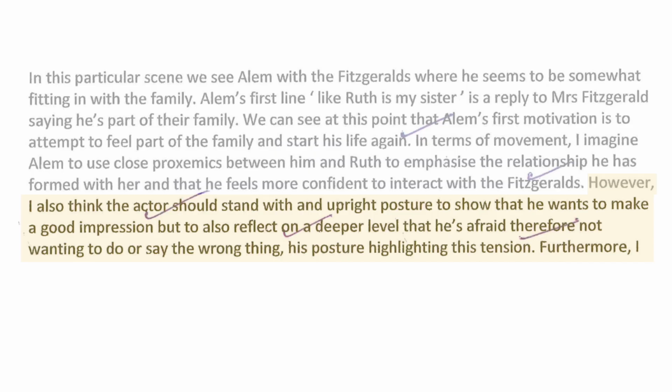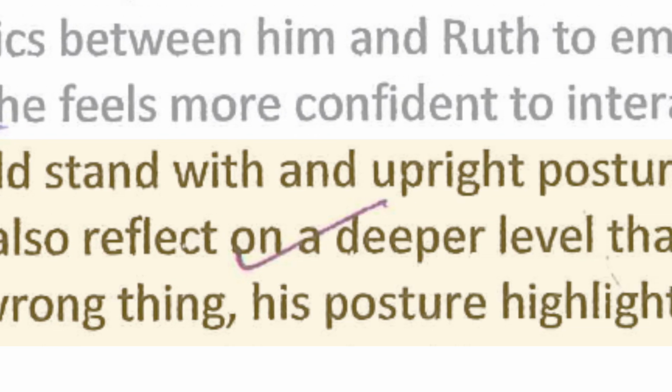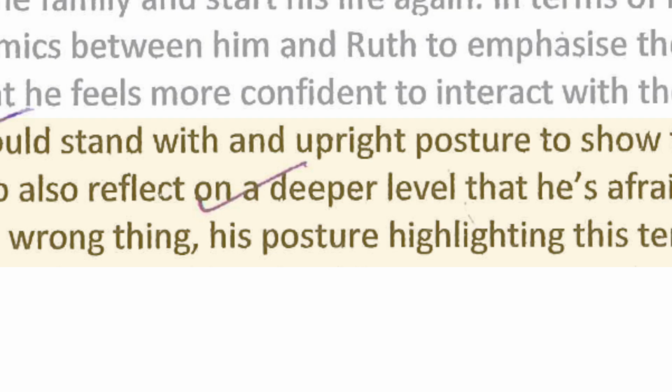"To show that he wants to make a good impression, but also reflect on a deeper level that he's afraid, therefore not wanting to do or say the wrong thing. His posture highlighting the tension." So that's really good. What she's doing is explaining how close she would get if she was playing the role of Alem and why. She's then also talking about his posture and why, and giving really clear examples. So we've already hit that first bullet point.